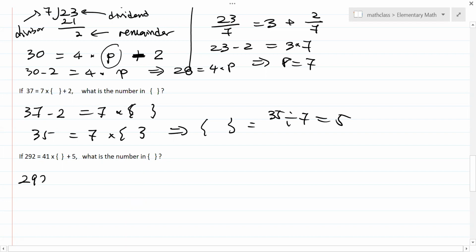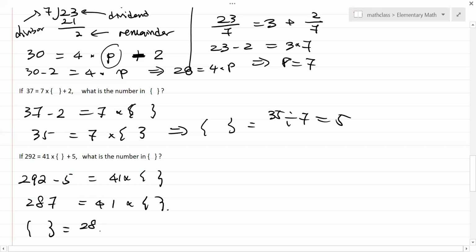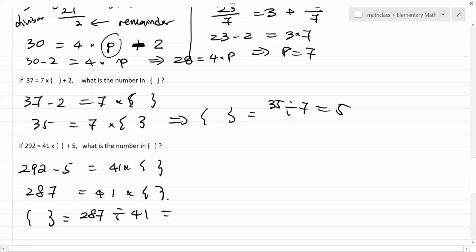So it's 292 minus 5 equals 41 times that divisor. 292 minus 5 equals 287, which equals 41 times that number, and that number is going to be 287 divided by 41. That's how to solve the equation: divide by 41. And then it's going to be 7 again. All right, that's how we solve the problem.